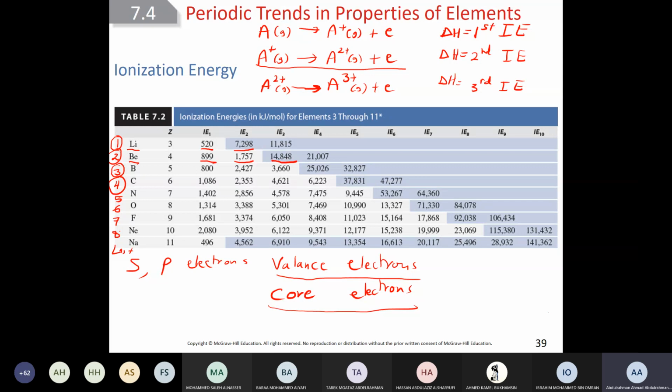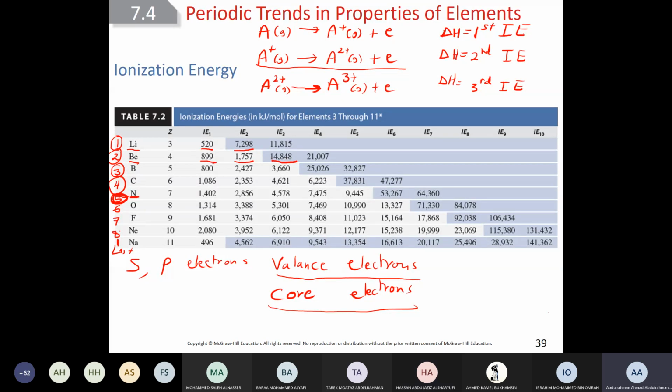Yes. Let's look at nitrogen. When are we going to see the big jump? After 5. Why? All the 5 are valence electrons.